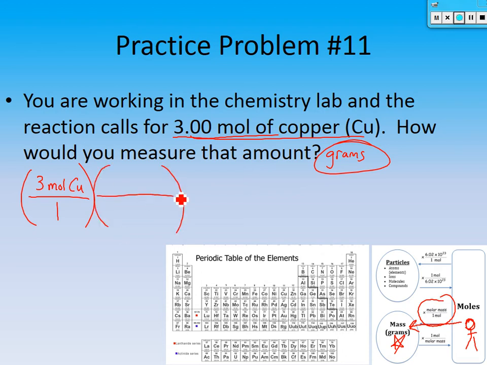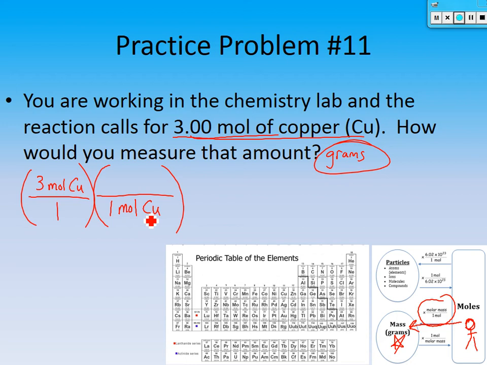Okay, we make a new conversion factor here. It says that molar mass goes on top and 1 mole goes on the bottom. So I'm going to write 1 mole. Now, what substance are we talking about in this problem? Copper. So 1 mole of copper goes on the bottom. Guys, whatever goes here, whatever's on top has got to go on the bottom. Okay, now molar mass. How much molar mass is in copper?